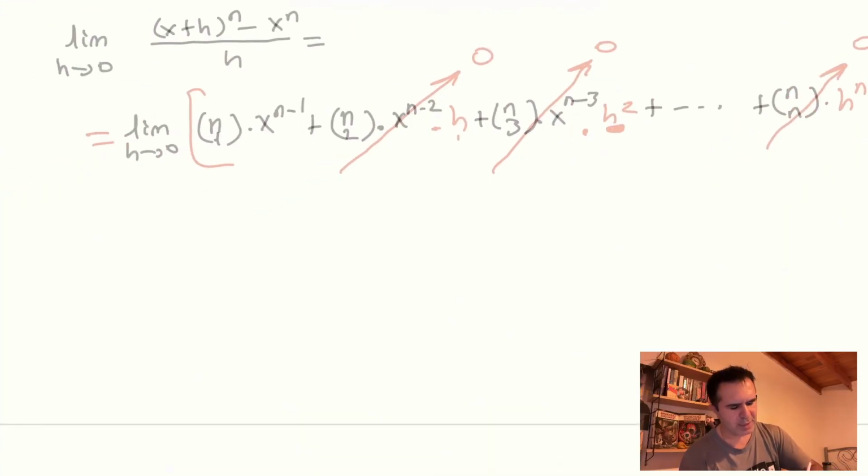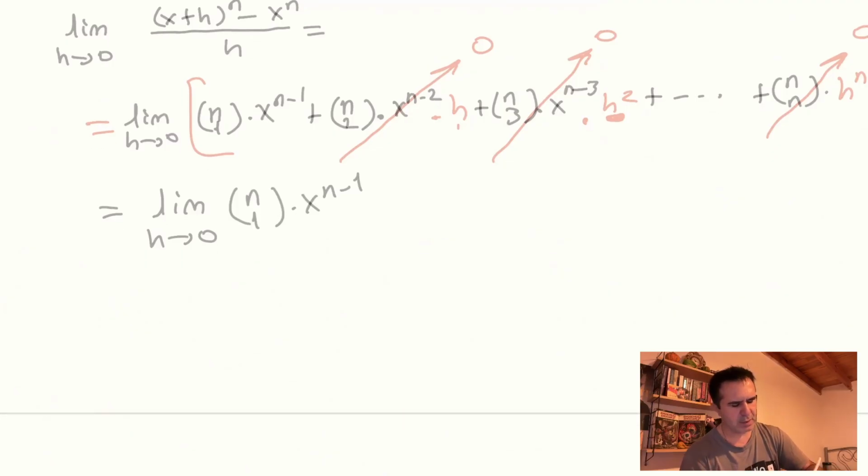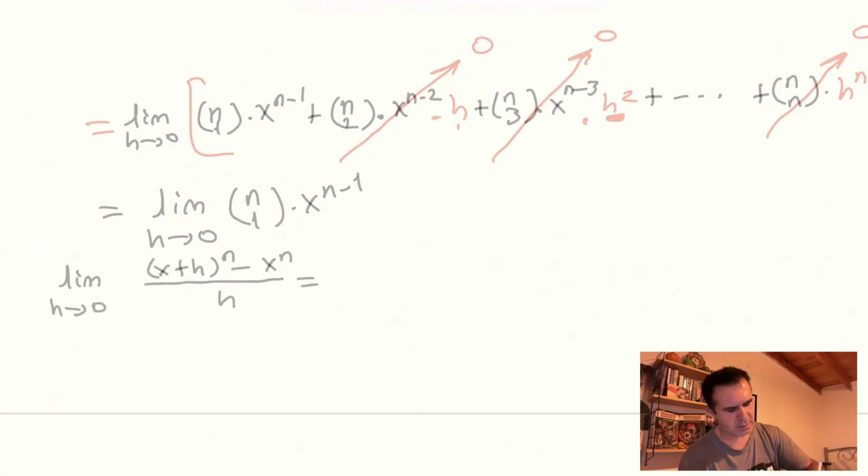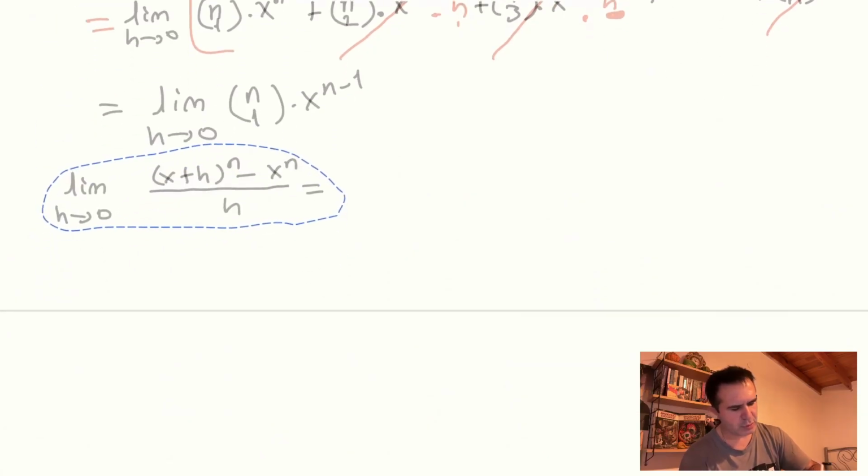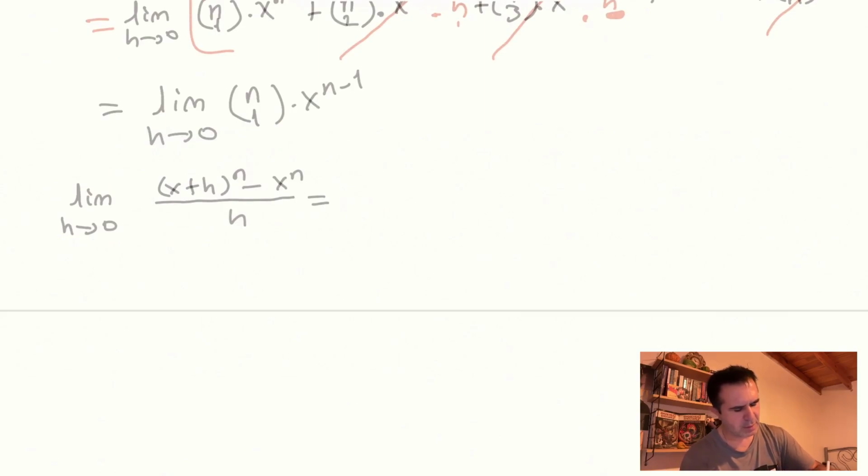So on the right hand side we have the limit as h goes to 0 of n choose 1 times x to the n minus 1. So we have the limit as h goes to 0 of (x plus h) to the n minus x to the n over h equals the limit as h goes to 0 of n choose 1 times x to the n minus 1.